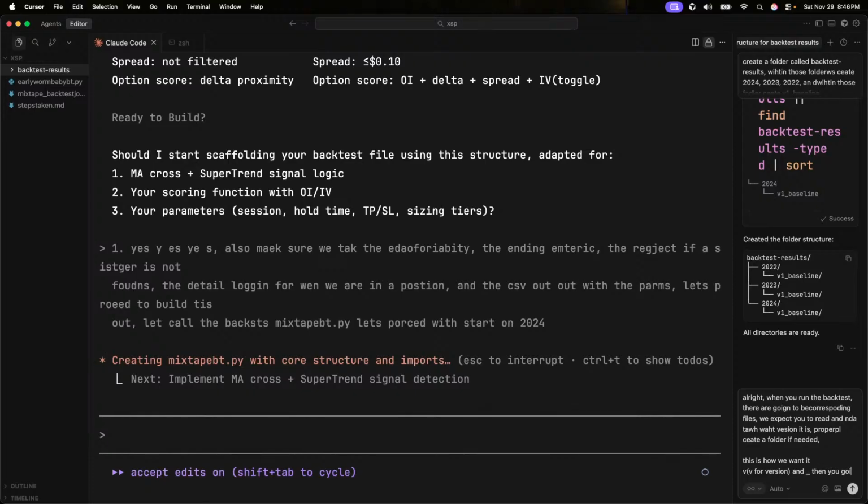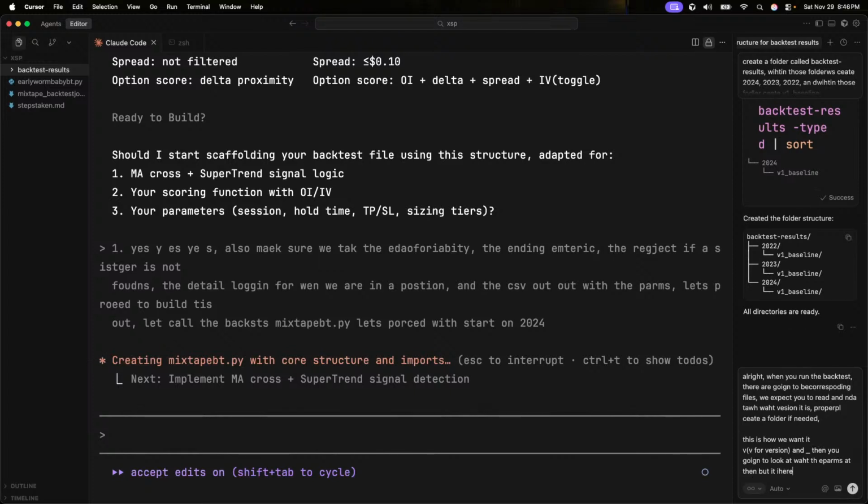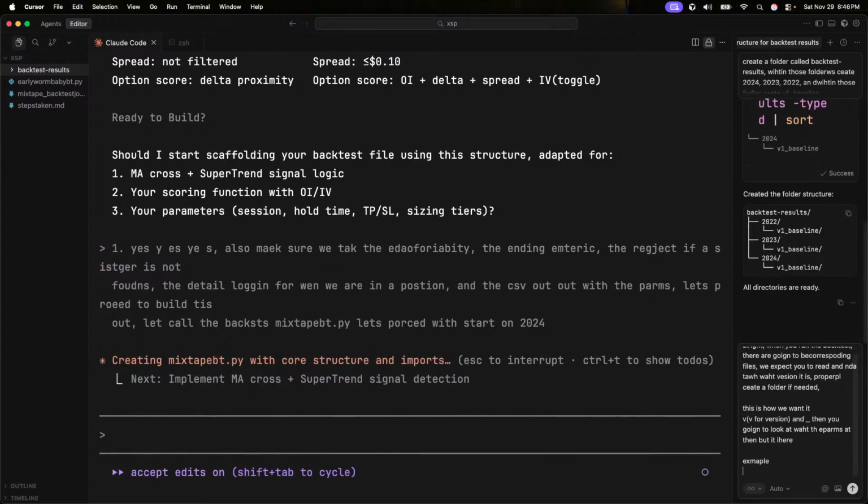Then you're going to look at what the parms are, then put it here. Example: V2 RSI 50 EMA 3 EMA 2 tested. Got it? We'll let you know once we have the files that need to be moved and then filed away properly. Got it?